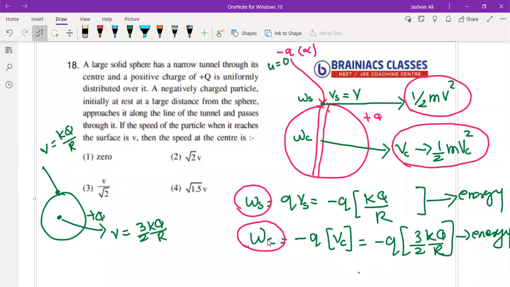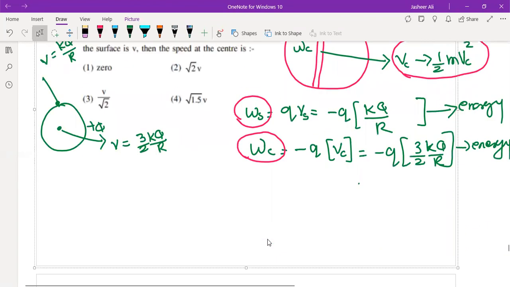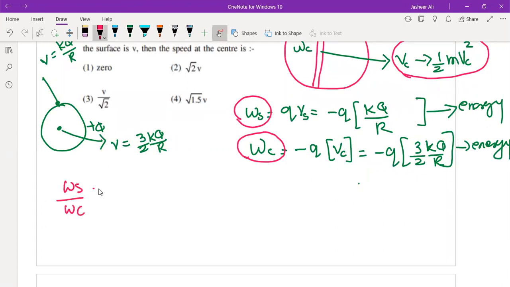Okay, now we will do this calculation. We now know W surface, and we are going to take W surface by WC. When we divide these two, minus Q cancels, KQ by R cancels, and 3/2 will come. Similarly for kinetic energy: what is the surface kinetic energy, half m V square, divided by the center kinetic energy, half m VC square. Half m cancels.